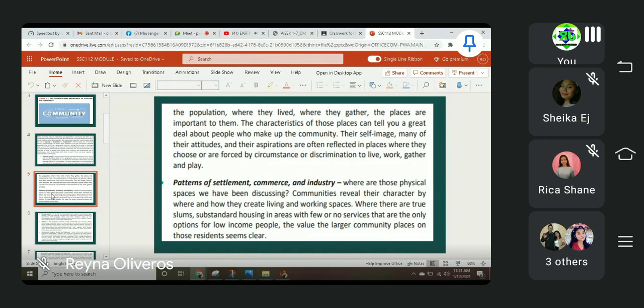Kaya 'di ba? Isa sa mga halimbawa dito is yung mga housing. 'Di ba? Meron akong kakilala na nag-apply sila sa housing. Okay? And sabi sa kanila, according to yung pinag-applyan nila, titira sila ng 3 taon doon sa housing, doon sa paglilipatan nila.